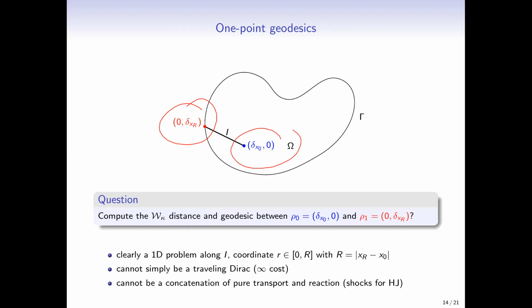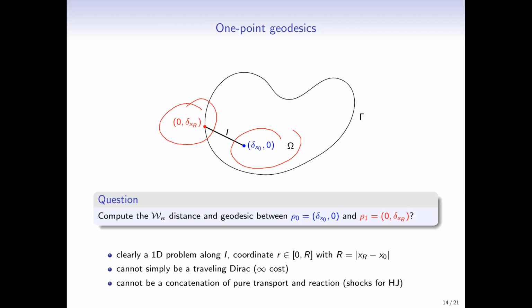The second thing is that contrarily to optimal transport, where you would have just the traveling Dirac delta that I showed you, I think in the second slide, the Dirac delta that travels from x0 to x1, this cannot happen here. Because if that was optimal, you would have no mass on the roads, no mass at time 0, no mass at time 1/2, no mass at time 3/4, and so on, until the very last time, at time t equals 1 minus something very small, where suddenly the mass of cars on the road jumps from 0 for all previous times to 1, because you need to match the constraint that your terminal marginal has 1 unit of car on the road at time 1.